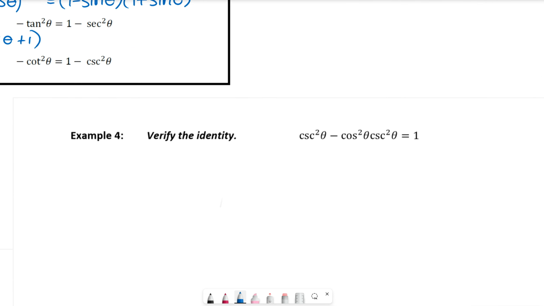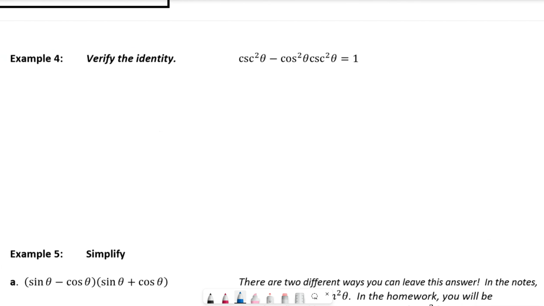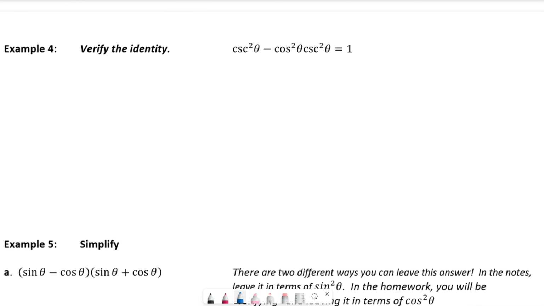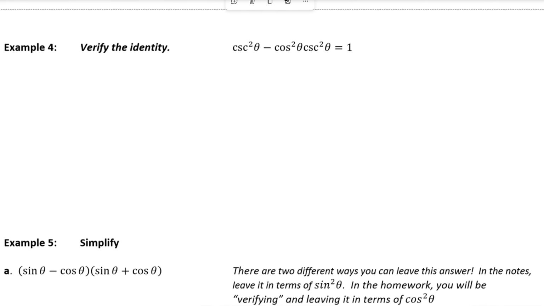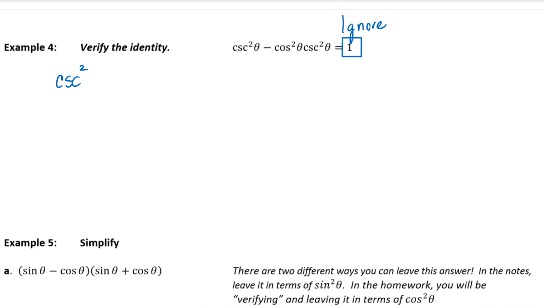All right, so over here at the top, we have another verification of identity. We are going to ignore this side. Our goal is to get cosecant squared theta minus cosine squared theta times cosecant squared theta to become a 1.